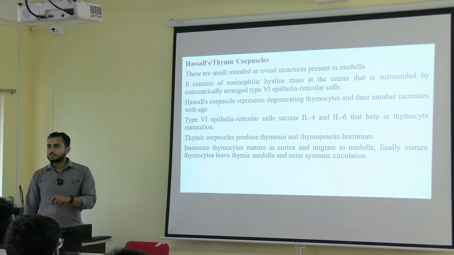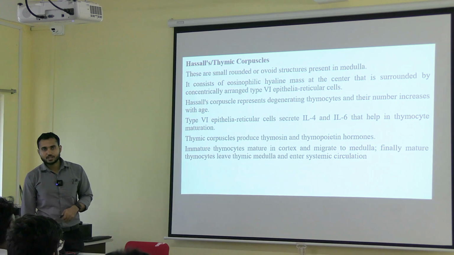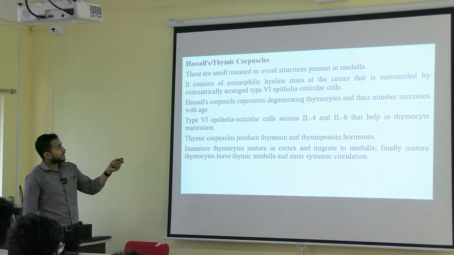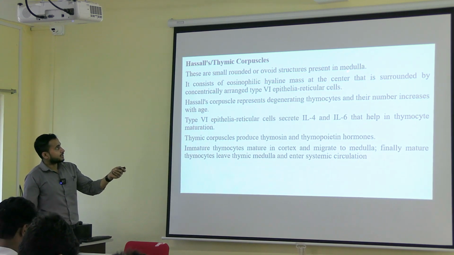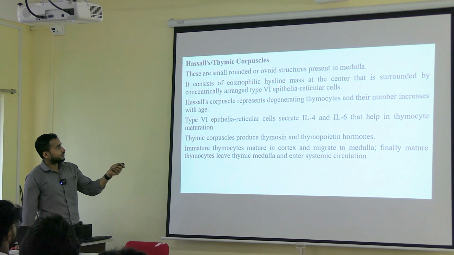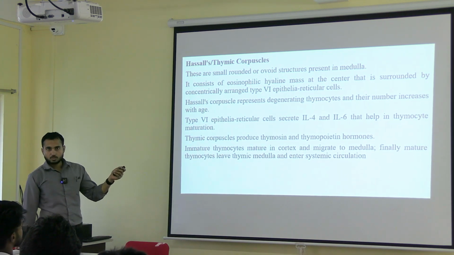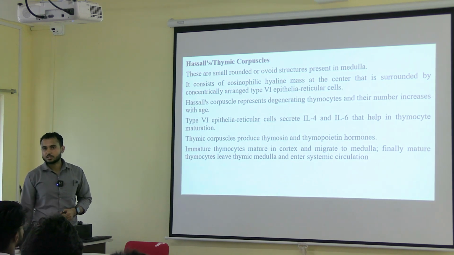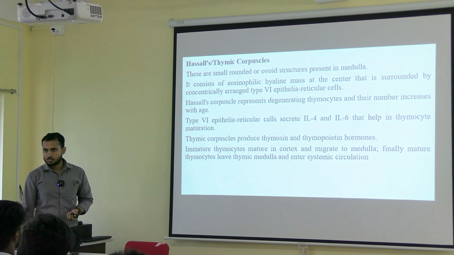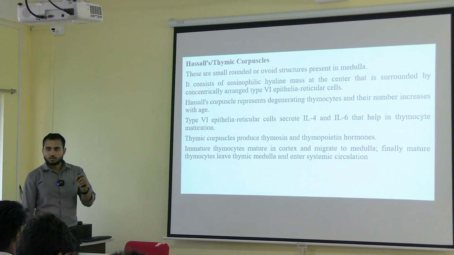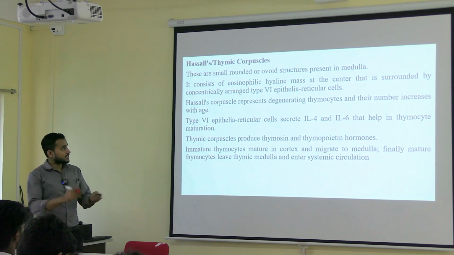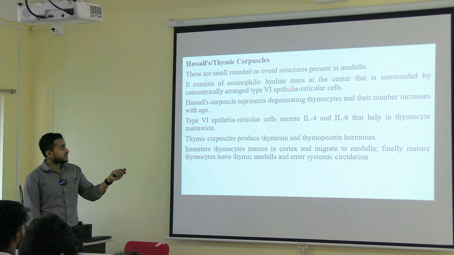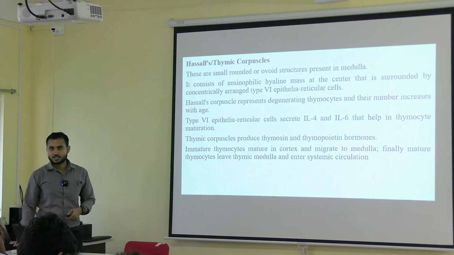First of all, Hassall's corpuscles are present only in the medulla of the thymus. These are round to ovoid structures in the medulla, consisting of an eosinophilic hyaline mass. So what will be the appearance? Eosinophilic appearance, meaning pink in color. An eosinophilic rounded hyaline mass, which is covered by type 6 epithelio-reticular cells.